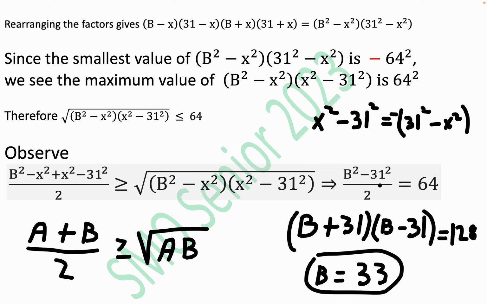I should have made a different statement, but this is the maximum when you have equality. This expression is as big as it can be when you have equality between these two.